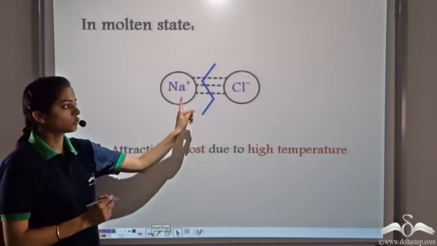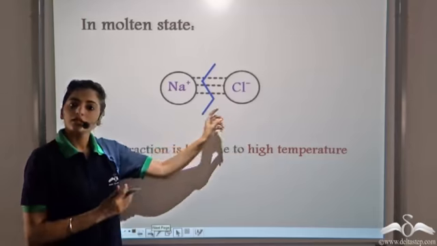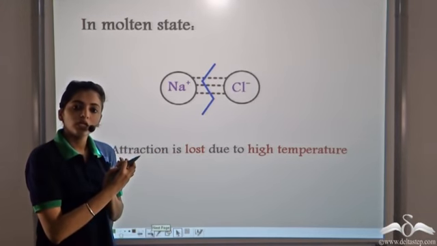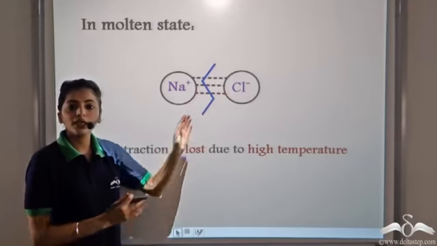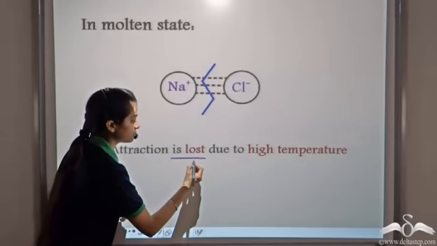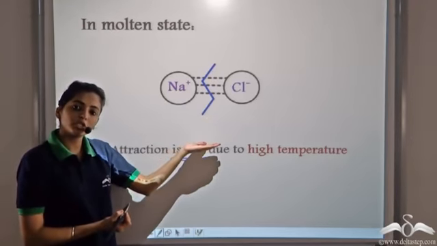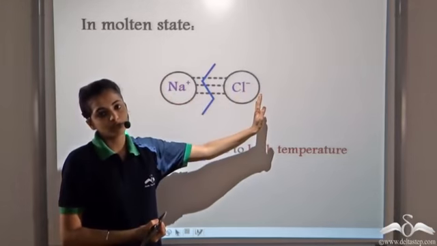When we heat sodium chloride, we know that the sodium ions and chloride ions are attracted towards each other by electrostatic forces of attraction. But when we heat this, these forces of attraction get weakened. So the attraction is lost by heating them, that is by increasing the temperature, and by this the sodium ions and chloride ions separate out.